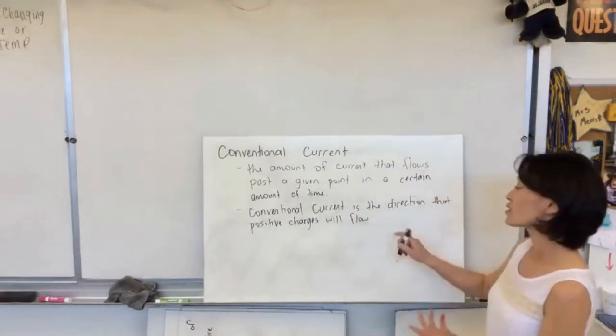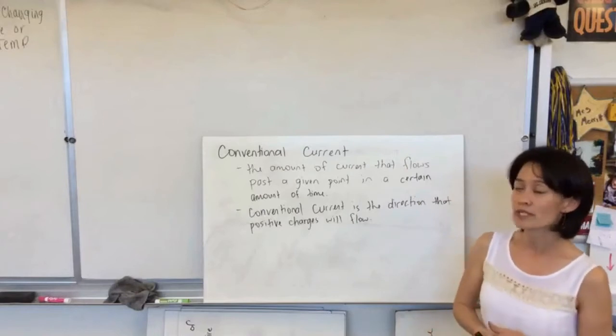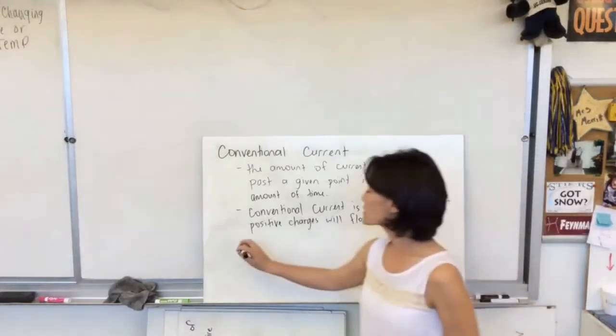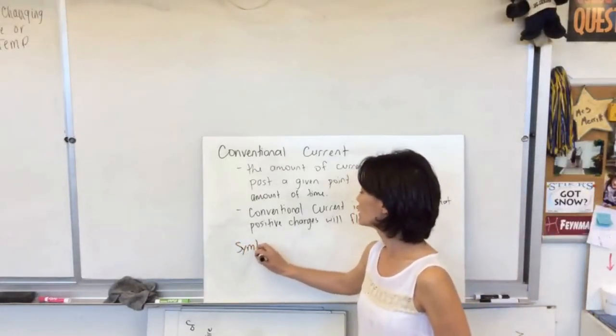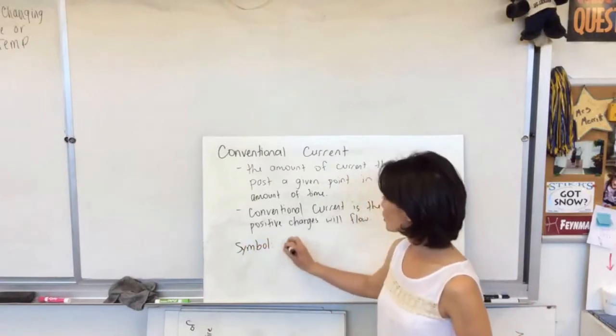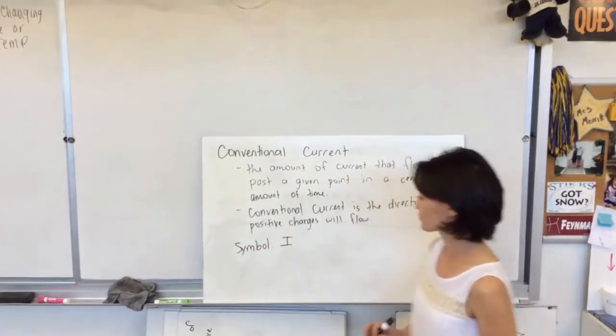And so we just need to know that electron flow is actually opposite conventional current. The symbol for current is a capital I.